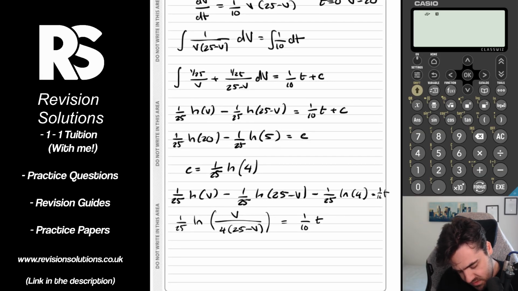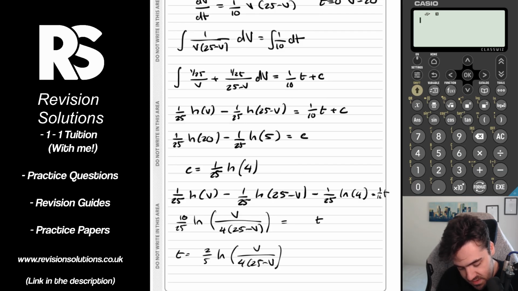If we multiply both sides by 10, we'd have 10 over 25. Let's just do that in this line, actually. So get rid of this, put the 10 up here. Then 10 over 25 is the same as 2/5. So t is 2/5 of the natural log of v over 4(25 minus v).